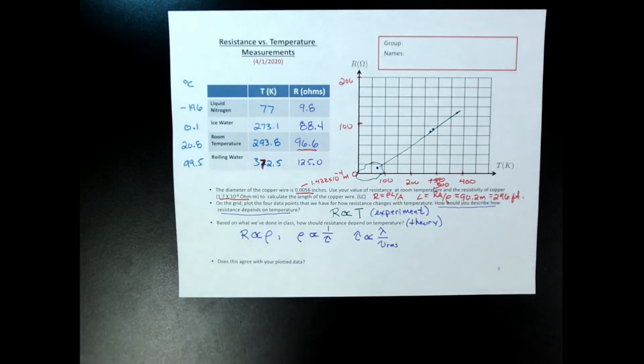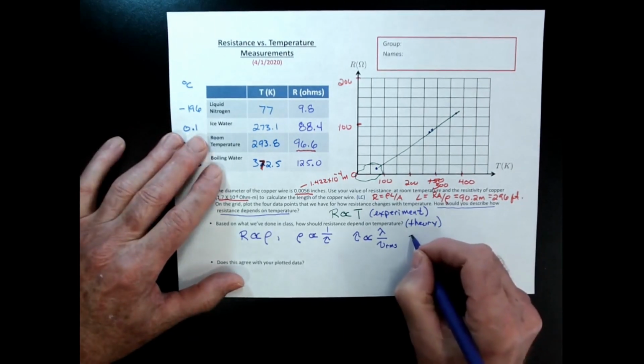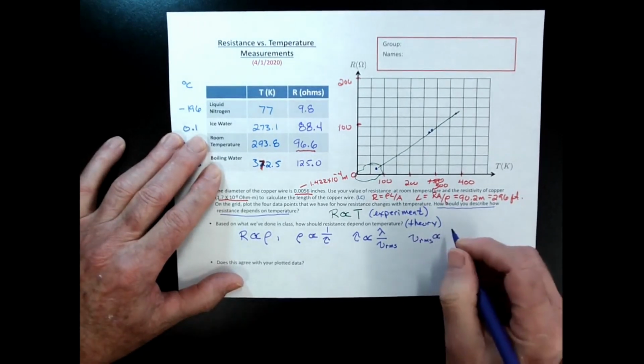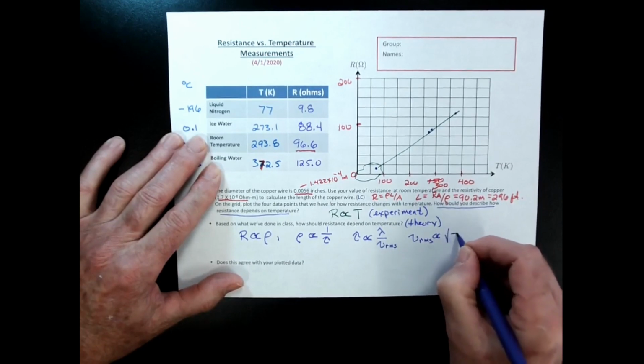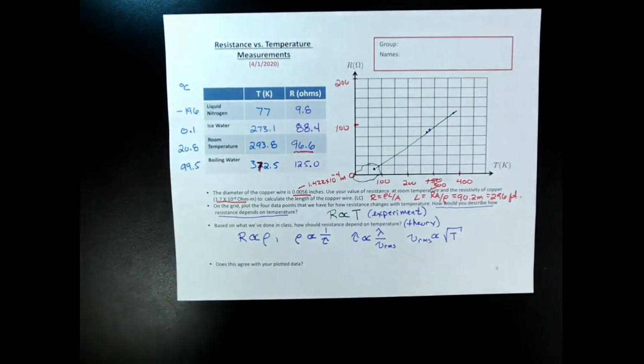Now, think back to what we did in chapter 20, where we had the root mean square velocity. What we had back then was that VRMS is proportional to the square root of the temperature, because we had the equation VRMS is the square root of 3kT over m.